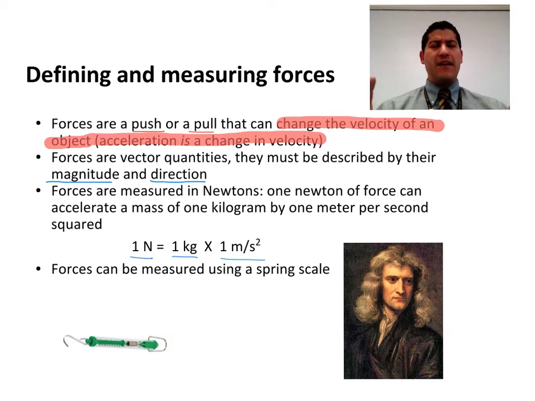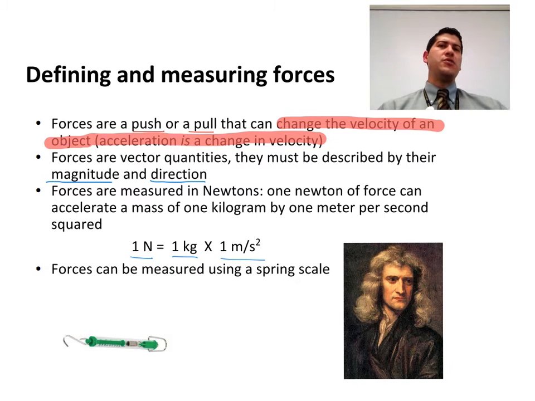Think about a big, heavy textbook. That's about 1 kilogram, 2.2 pounds. If you want to accelerate that textbook by 1 meter per second squared, if you want to increase its speed by 1 meter per second every second, then you have to push it with a force of 1 newton. So a newton, capital N, describes how a mass is accelerated.